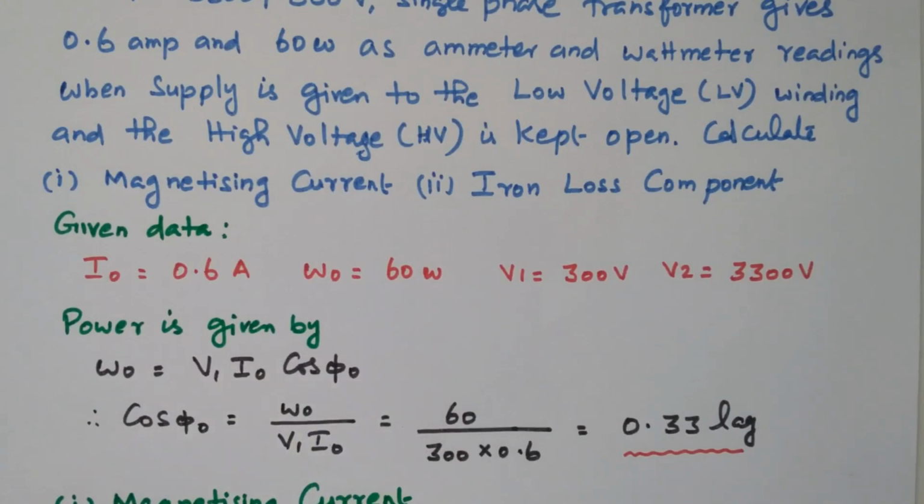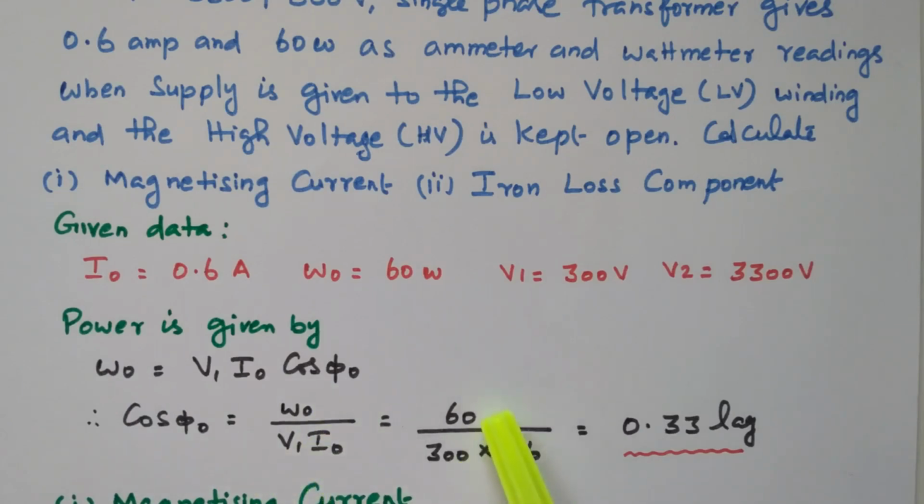The power taken by the transformer under no load condition, given by the wattmeter reading, is nothing but V1 I naught cos phi. From that we can find the cos phi value. Bringing V1 and I naught to the denominator, cos phi naught equals W naught divided by V1 I naught.